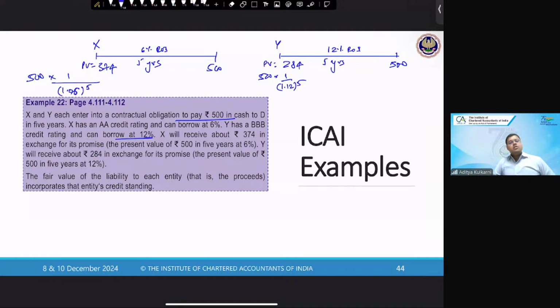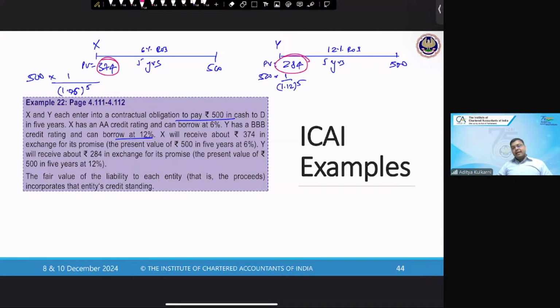So today if X were to go to the bank with its credit rating and he wants an instrument that he can pay 500 later, in today's terms, how much will he get? X is going to get 374, whereas Y is going to get only 284.